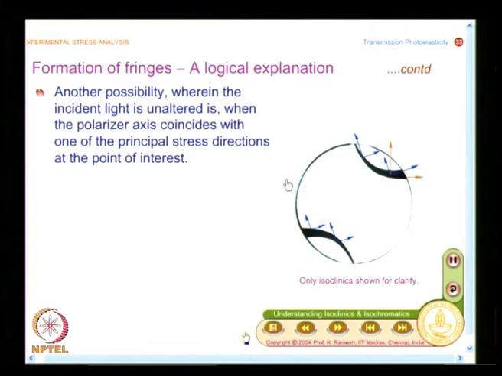And what is tried to be shown here is, I have the reference axis shown in brown, and these are the principal stresses at the point of interest. Their magnitude may be different, but the orientation is the same.